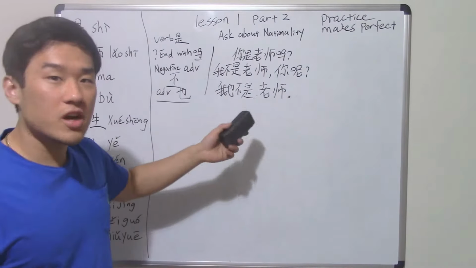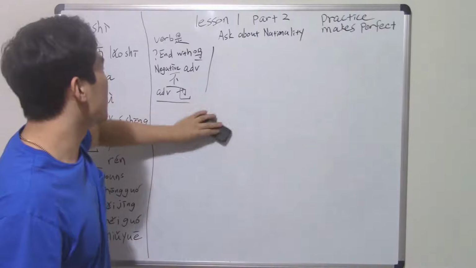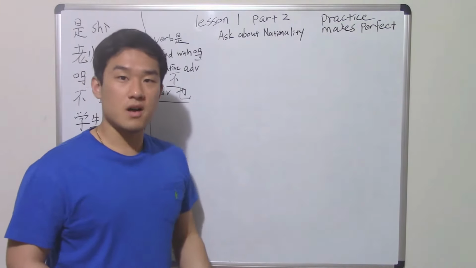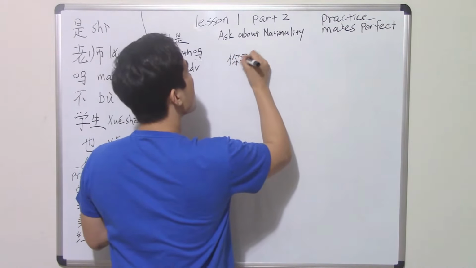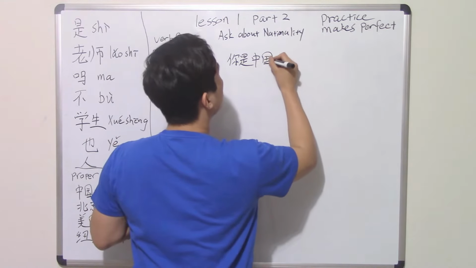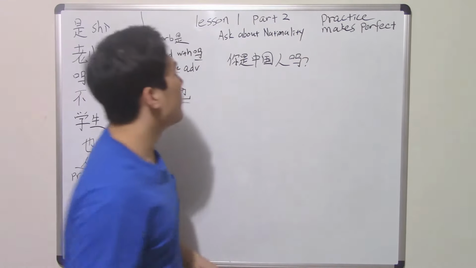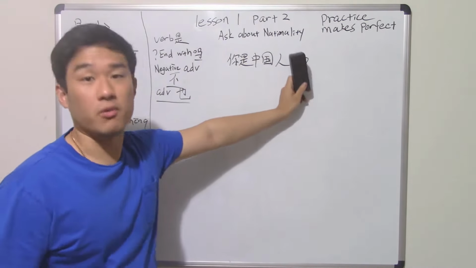So to write it in Chinese, how do we say that? It will be 你是中国人吗? So 你是中国人吗? If I just have 你是中国人 and then a period, that means you are Chinese.